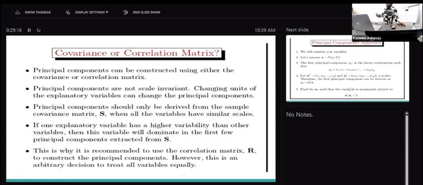A factor with the largest variance will be the one that contributes more to the system. That's exactly what we're trying to say here. If one explanatory variable has higher variability, it will dominate, and we don't want that.